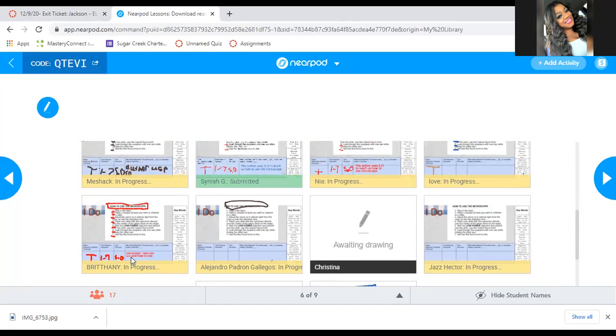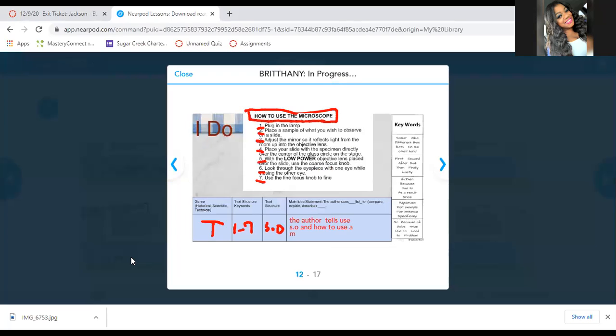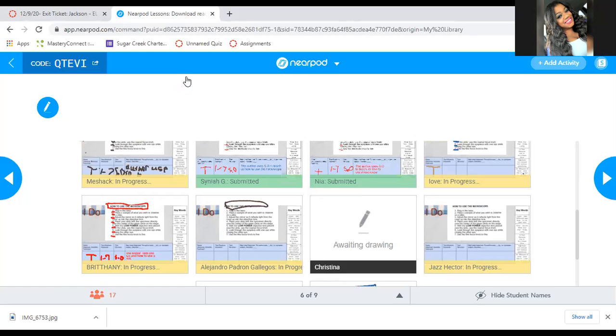Brittany's still in progress, but I'm going to check on her. Looks like she's finishing up. Looks great so far, Brittany.